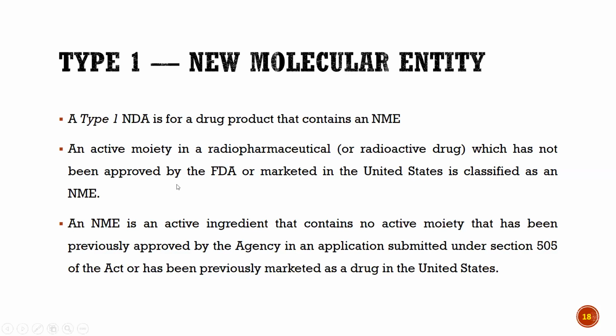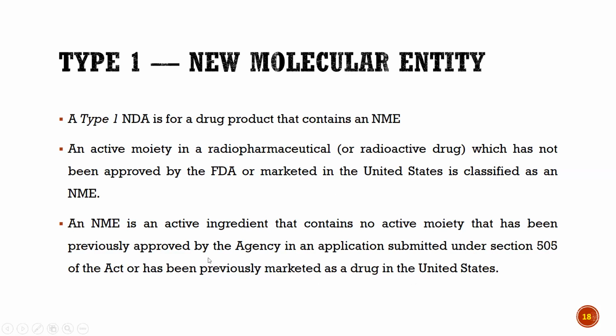A type 1 NDA is for a drug product which contains the new molecular entity. A new molecular entity is an active ingredient that contains no active moiety that has been previously approved by the agency in an application submitted under Section 505 of the Act, or has been previously marketed as a drug in the United States.